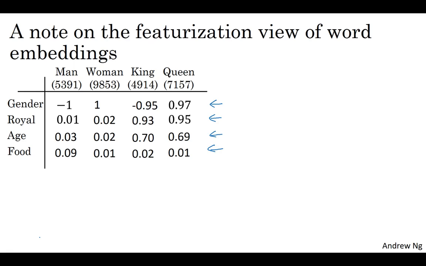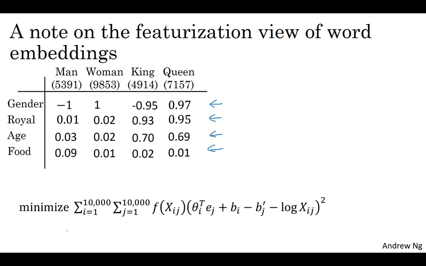But when you learn a word embedding using one of the algorithms that we've seen, such as the GloVe algorithm, which we just saw on the previous slide, what happens is you cannot guarantee that the individual components of the embeddings are interpretable. Why is that?